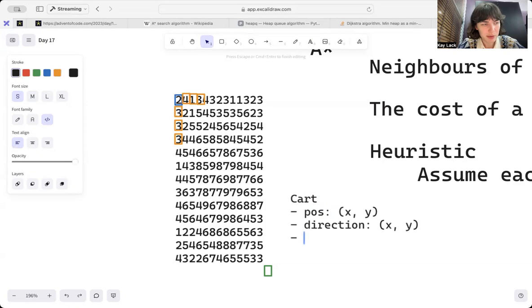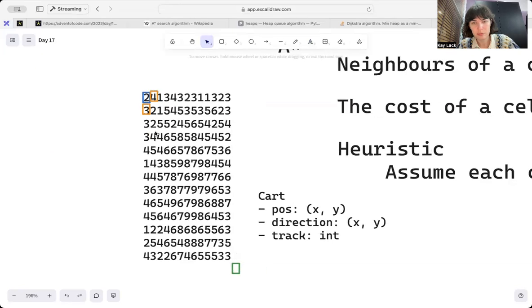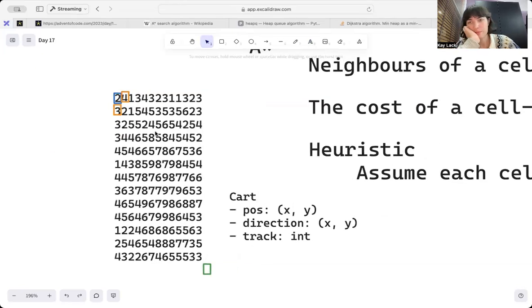And then we care about the cells that it's gone in a particular direction so far. Let's call that track. This allows us to get the neighbors.